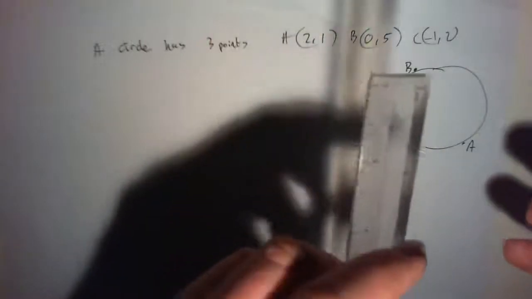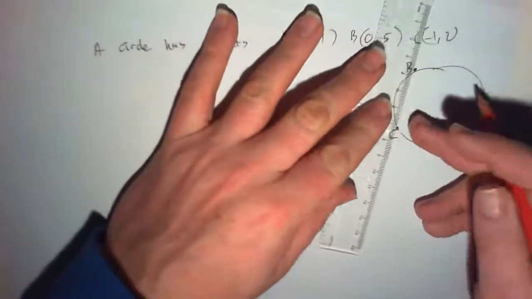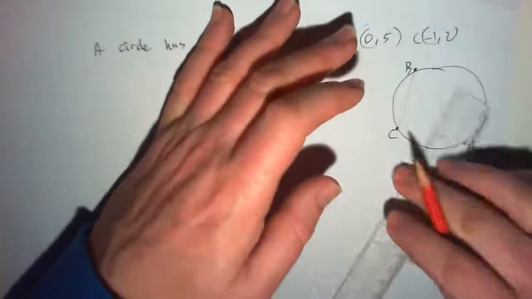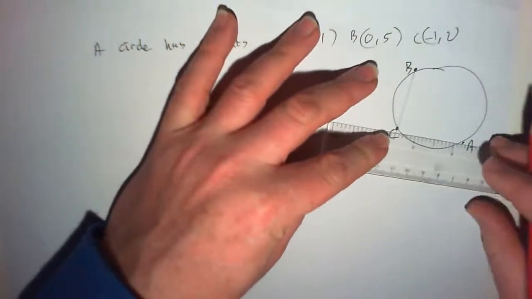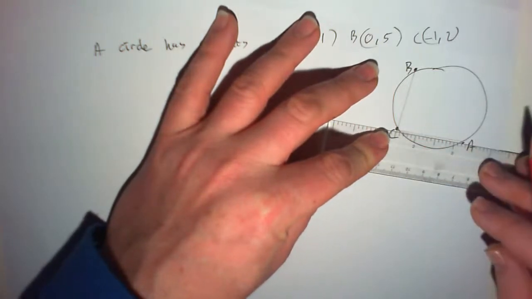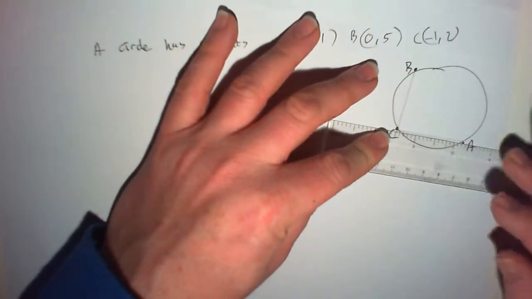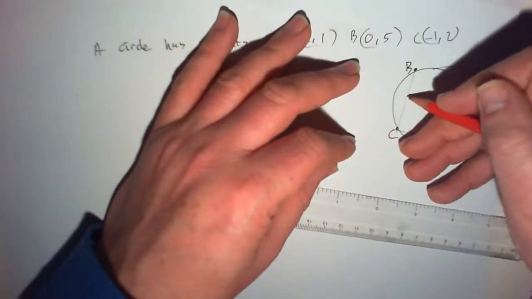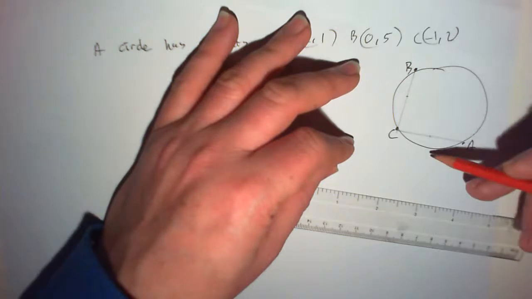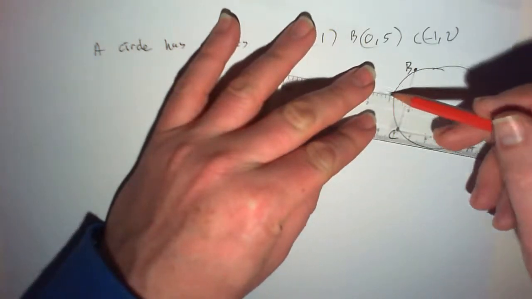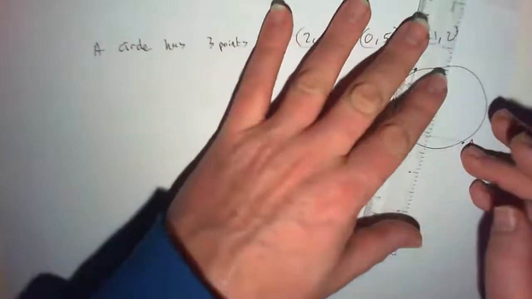Well, I know for sure that if I get that as a chord, and that is a chord, okay, if I can get that as a chord and that as a chord, then I can find the midpoints of both, draw lines perpendicular through those midpoints, which will meet at the center.